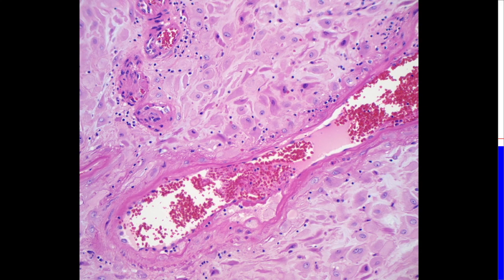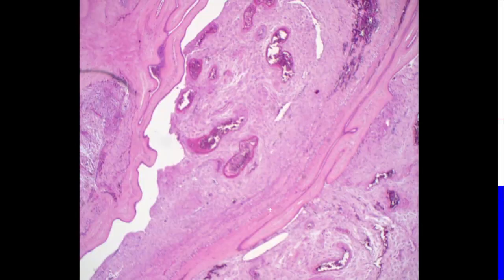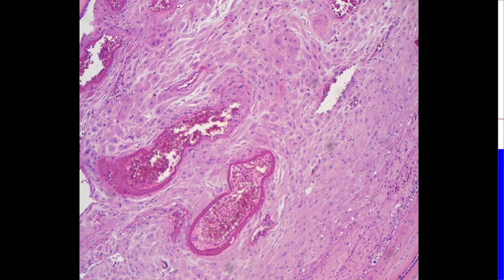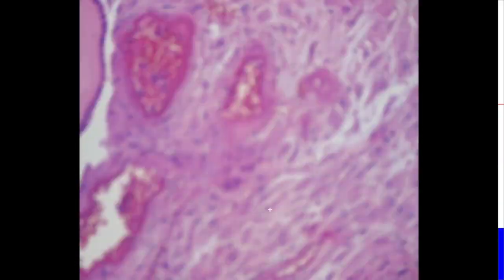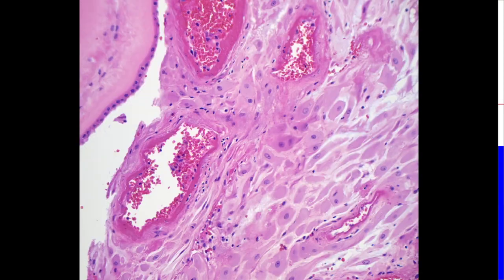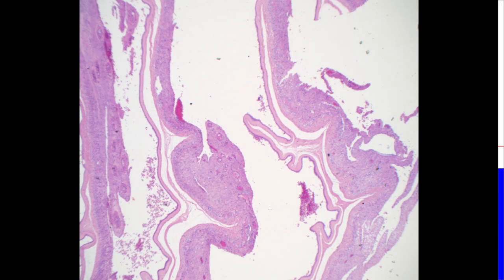And we have some more of them right here. So let's see if we find some other vessels that are characteristic. Again, this is very characteristic. It's so bright pink. So those are vessels that have fibrinoid necrosis of the vessel walls. Quite convincing.